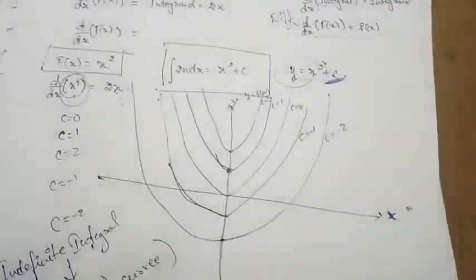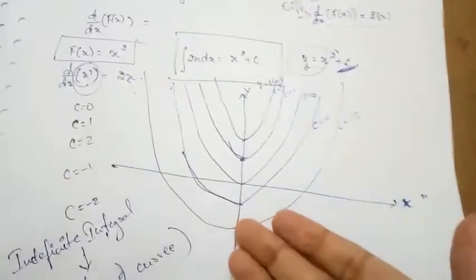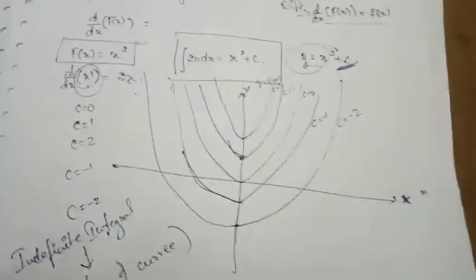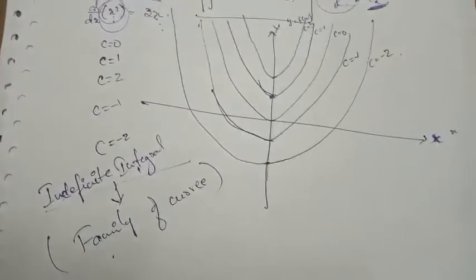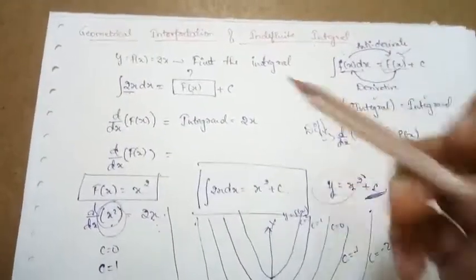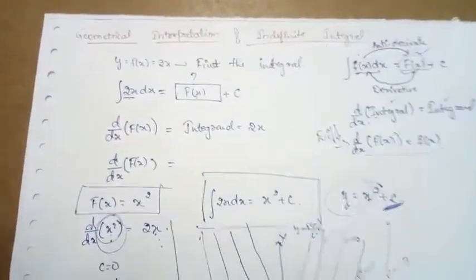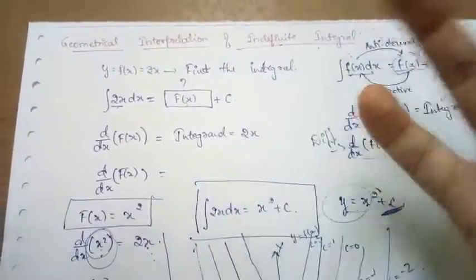As c varies, we get different curves. So we understand the geometrical interpretation of indefinite integrals.